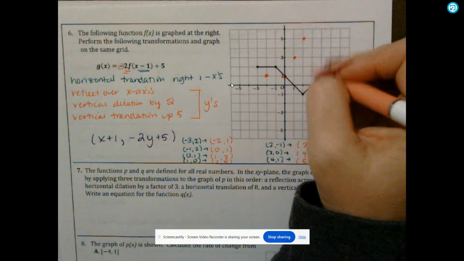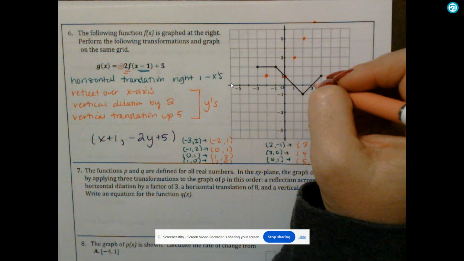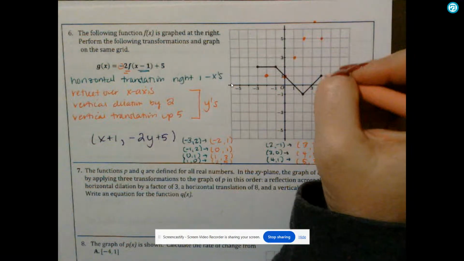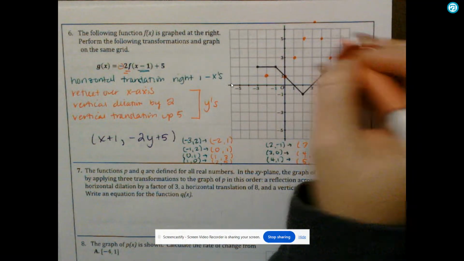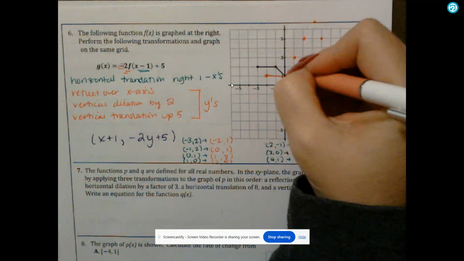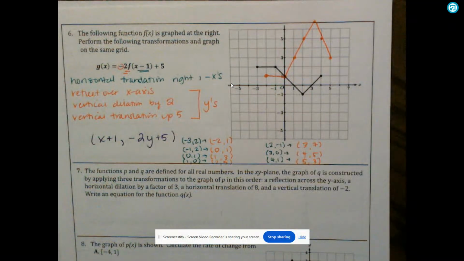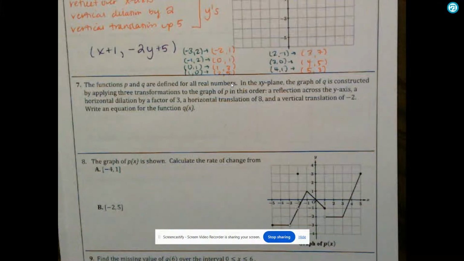I don't have 7, so I'm just going to go up here and make what a 7 would be about. 4, 5, and 5, 3. Okay, and here we are. So if you notice, we did reflect. We are taller, which is vertical. We're good to go.